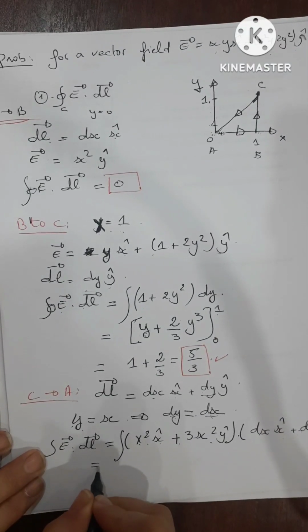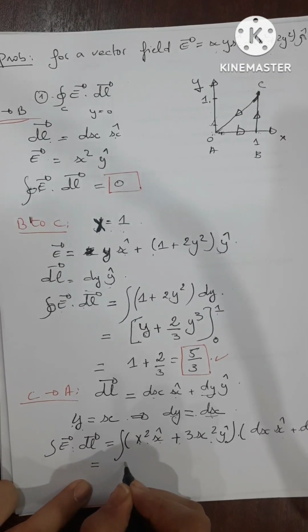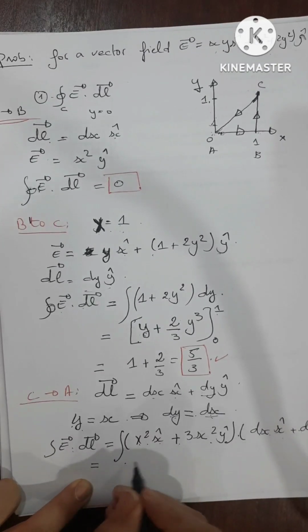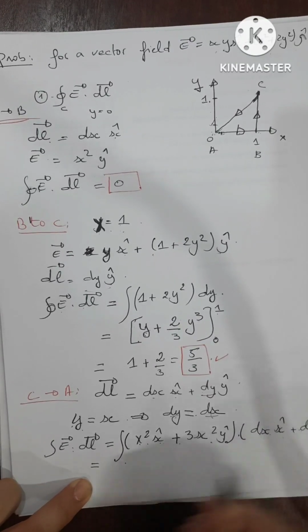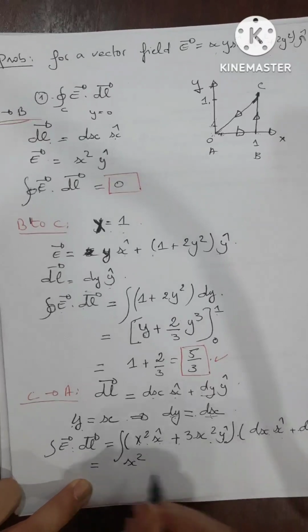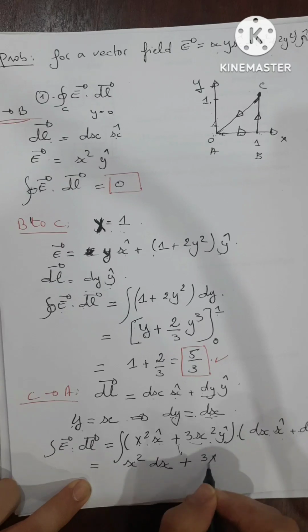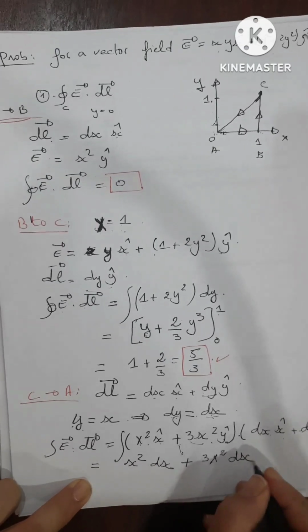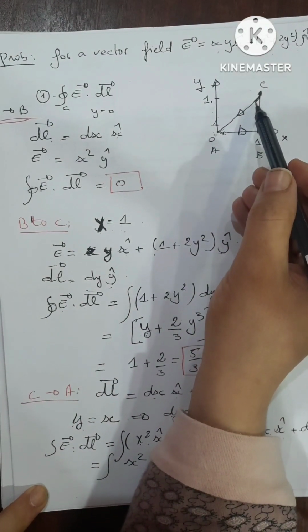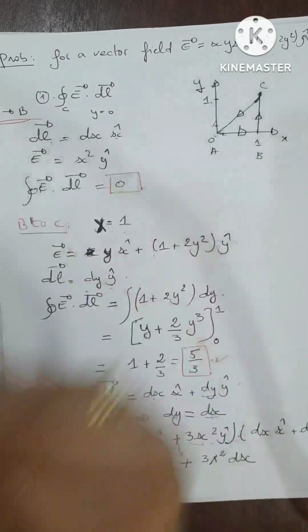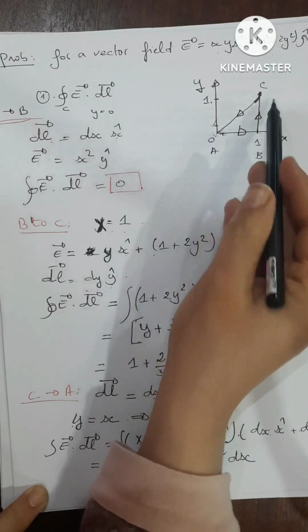So now the result is x squared dx plus 3x squared dx. This path is from 1 to 0, sorry, from x equals 1 to 0.